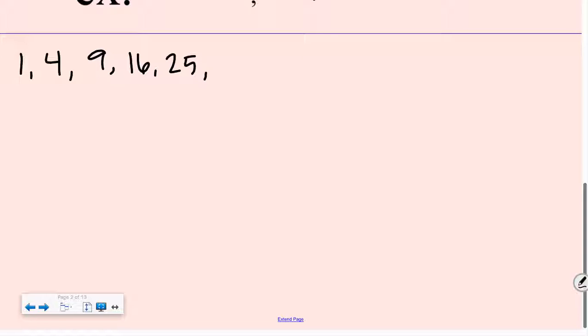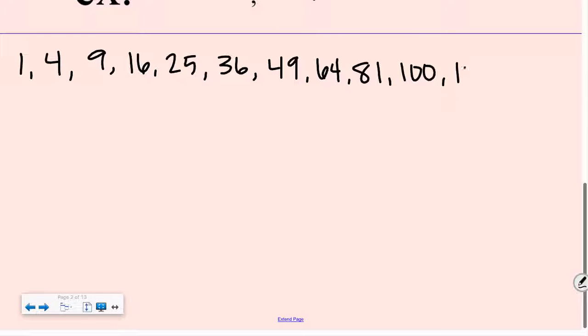What about 6 squared? 36. Good. 7 squared? 49. 8 squared? 64. 9 squared? 81. 10 squared? 100. 11 squared? 121. Nice. 12 squared? 144. Awesome. Hopefully you all know 1 through 12 there.